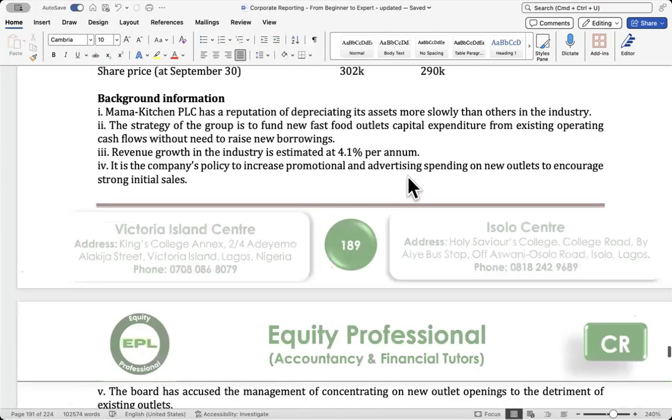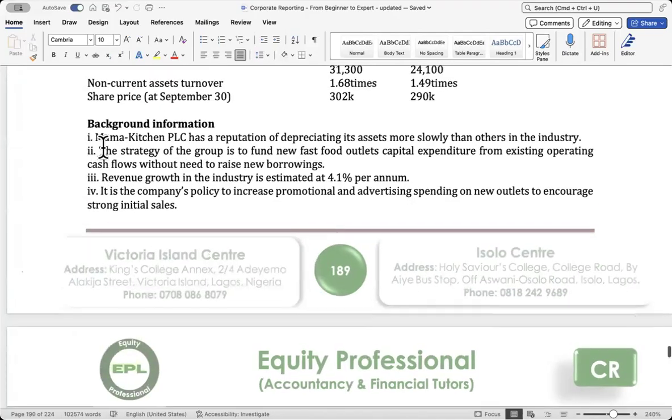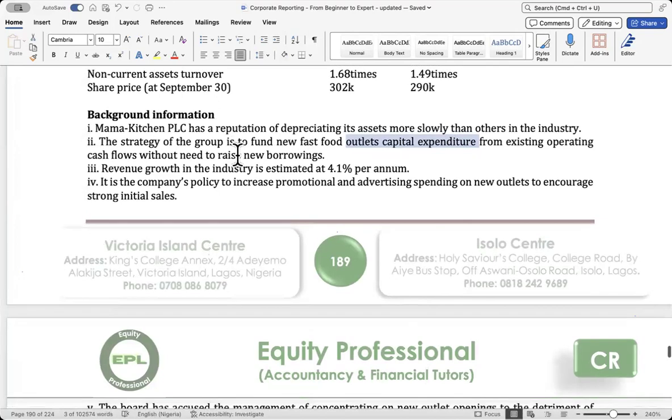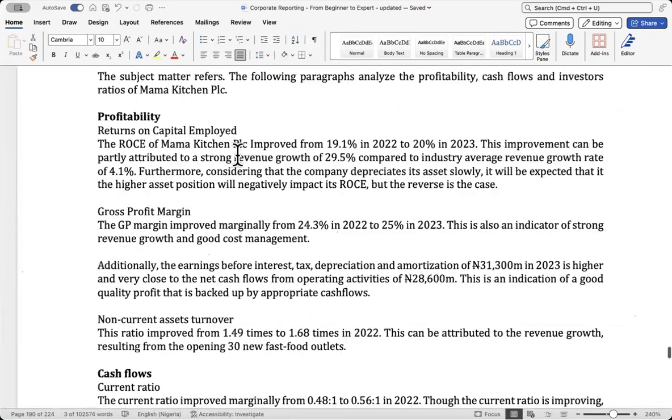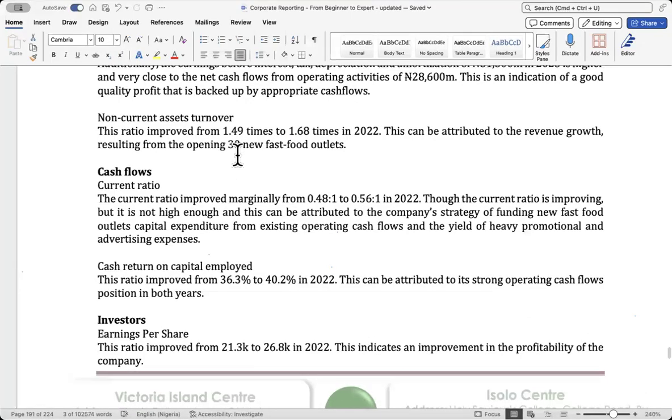This is what I'm referring to. They said the strategy of the group is to fund new fast food outlet capital expenditure from existing operating cash flows without the need to raise. So they are funding capital expenditure from their operating cash flow. So that is affecting their liquidity. That is affecting their current ratio.